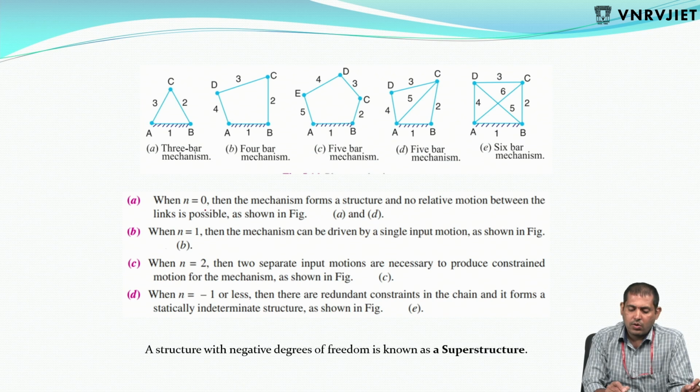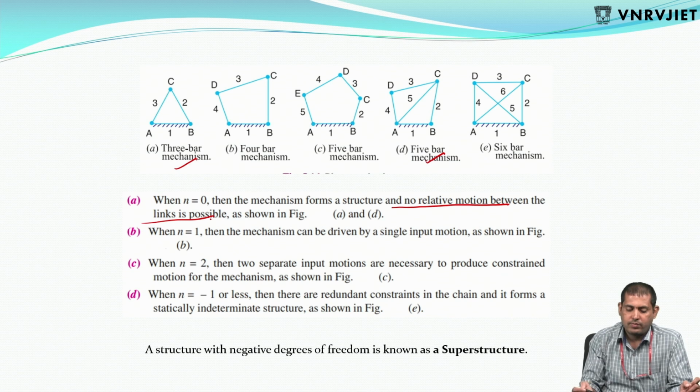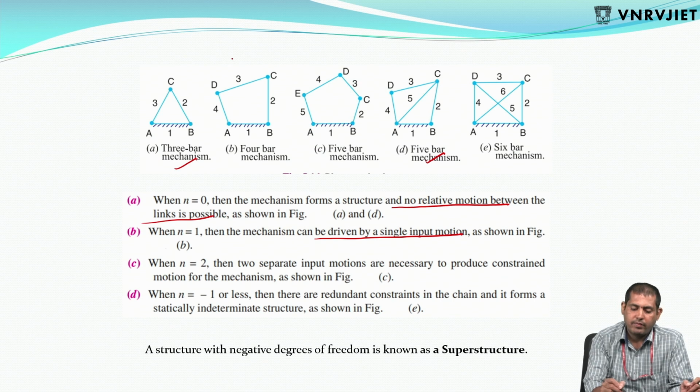Now, where N is equal to 0, this is condition A and D, for example, when the mechanism forms a structure, no relative motion between links is possible. Okay, next, the mechanism can be driven by a single input, that is B, it is driven by a single input.